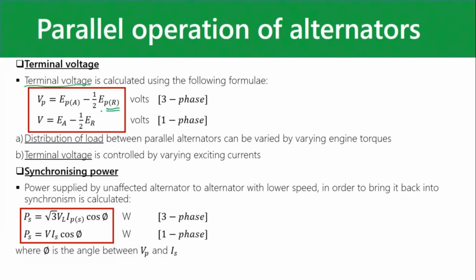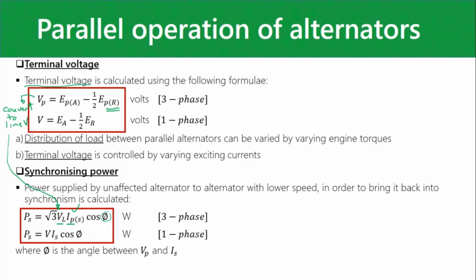So the power is √3 times the line voltage of the terminal voltage. When you get this, then convert to line. And this thing here is that line voltage. The current we've already calculated, and then this phi is the angle between this voltage and this current. I'll show you how we get that in a minute.